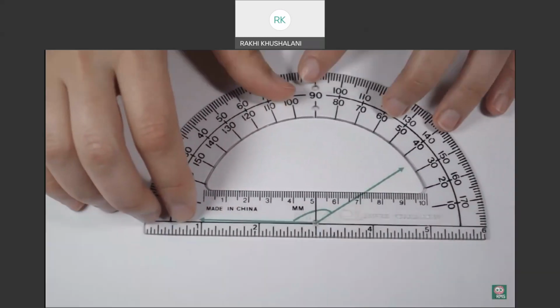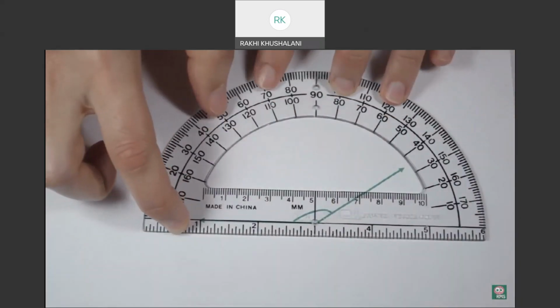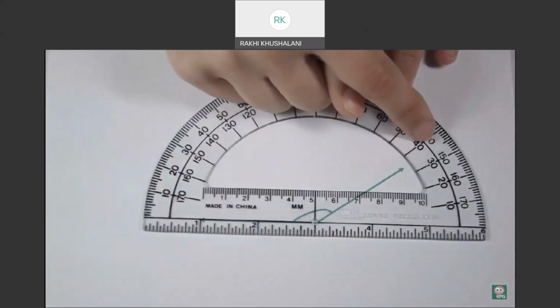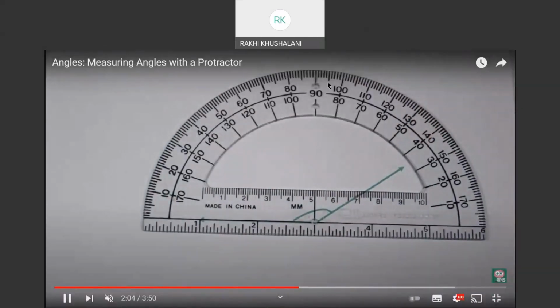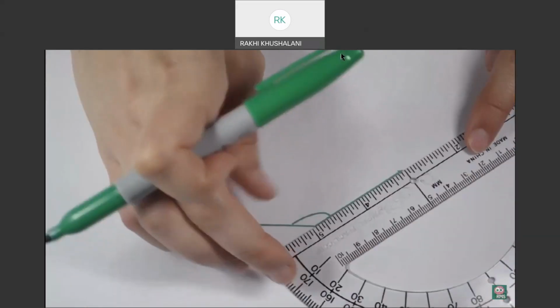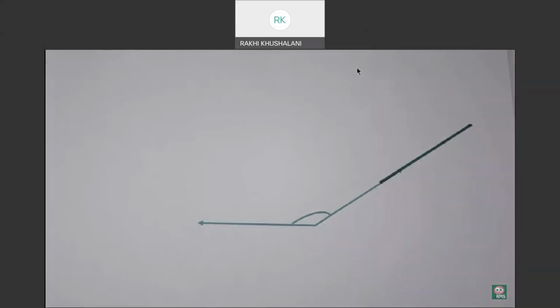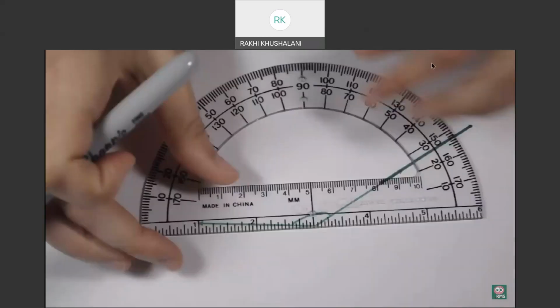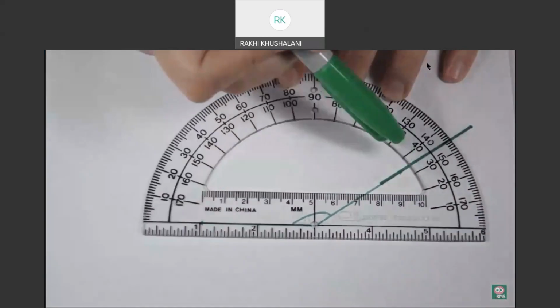Now see here, again the vertex is being placed. Now this time you have to go moving anti-clockwise. Okay, increase the rays. Sometimes the rays are smaller, so you should increase the ray size so that you can see what it's coinciding with.